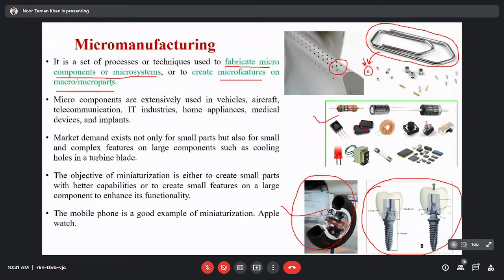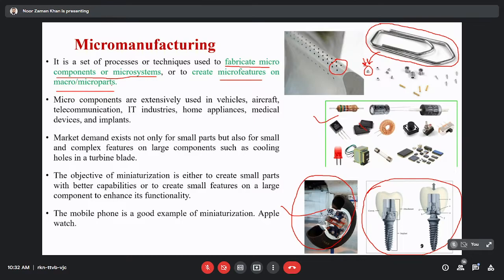So today, the demand for micro components or microsystems, which is nothing but MEMS or micro electromechanical systems, or NEMS, nano electromechanical systems, or micro reactors, fuel cells, micromechanical devices, or micromedical components, is continuously increasing.